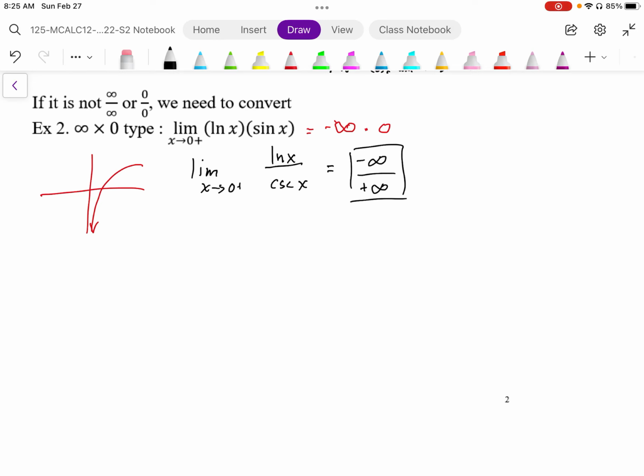We're going to apply L'Hopital's to this expression, differentiating the top and the bottom independently. So we get 1 over x over the derivative of cosecant, which is negative cosecant x cotangent x.